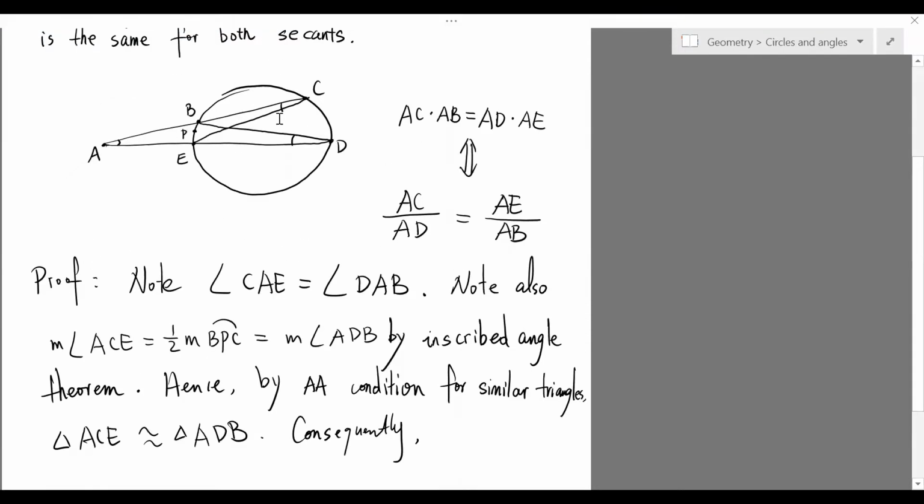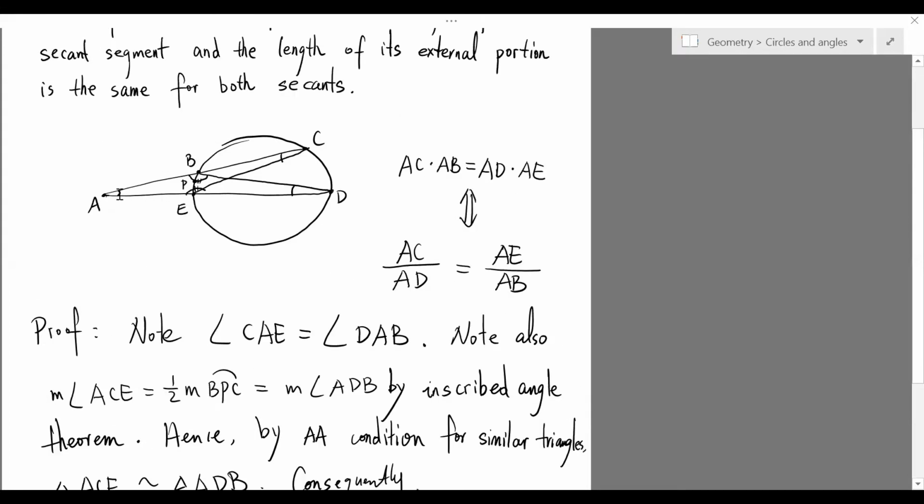And the sides facing the angles C and D in those two triangles are AE and AB respectively, while the sides facing the angle ABD and the angle AEC are the sides AD and AC respectively.